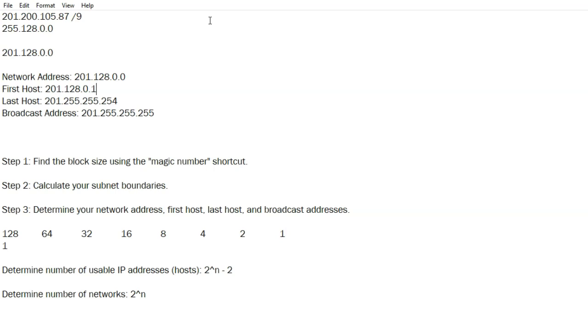The number of networks resulting from this are 2 to the 9. So these formulas will help you also on the exam to quickly answer those questions that pertain to either the number of networks based on the CIDR notation or subnet mask, or the number of usable host IP addresses. Again, you subtract 2 from host addresses because your network address and broadcast address are reserved and not assignable to other hosts on the network.